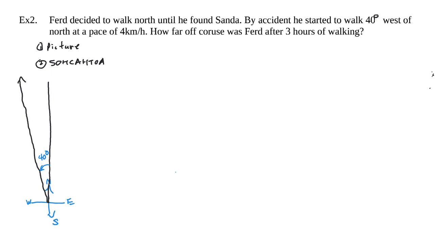Okay, so now what we could do to make our life easy is make a nice little right-angled triangle. So here is our right triangle. And here's the other part that it says. So we went 40 degrees west of north, and we've traveled 4 kilometers an hour, and it says for 3 hours.